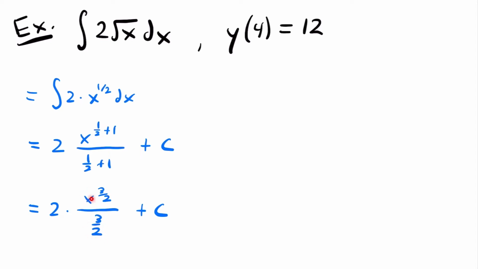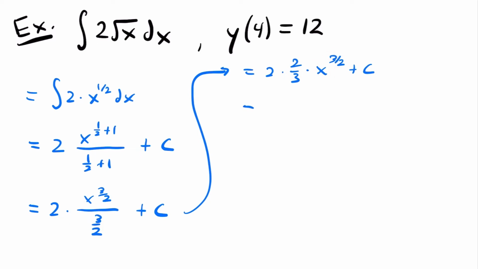And so if we were to multiply this by the reciprocal of 3/2, then we can simplify this one more time, and we'll have that this is equal to 2 times 2/3 times x to the 3/2 power plus c. Right, the reciprocal of 3/2 is 2/3, so we multiply that by our term here. And so now we can simplify one more time, and we'll have that this is equal to 4/3 times x to the 3/2 power plus c.